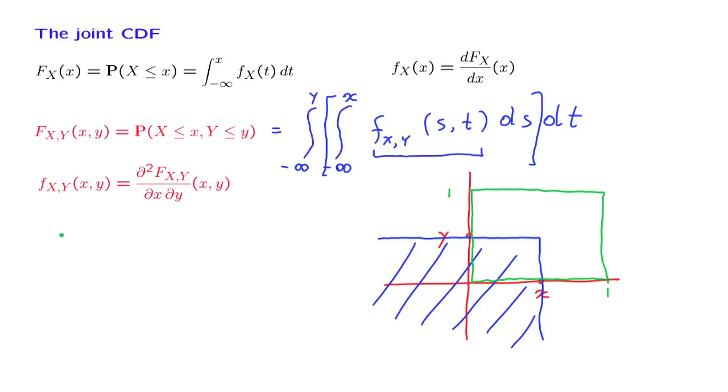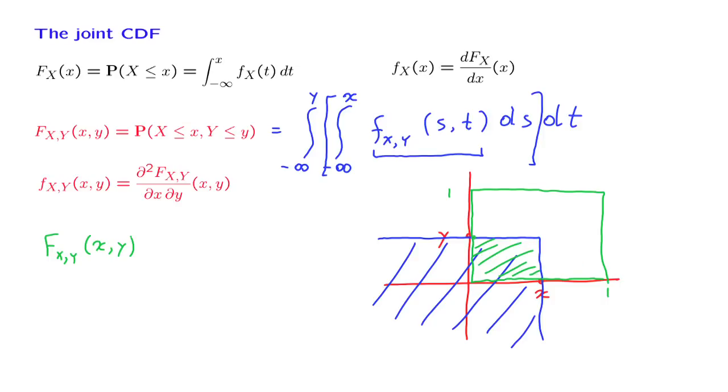So in this example, if we take some x and y so that the (x, y) pair falls inside the square, the probability of the blue set is going to be just the probability of that little rectangle here, because everything outside has 0 probability. With a uniform joint PDF, which is equal to 1, the probability is just the area of the set that we're considering.